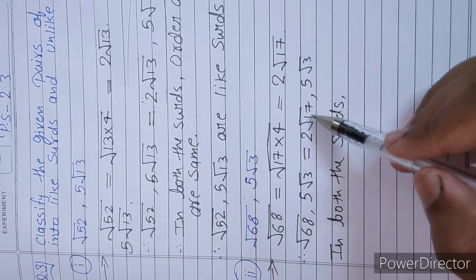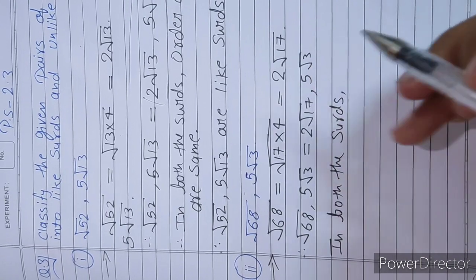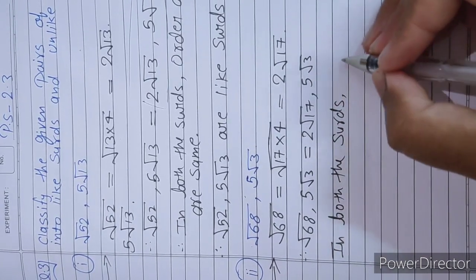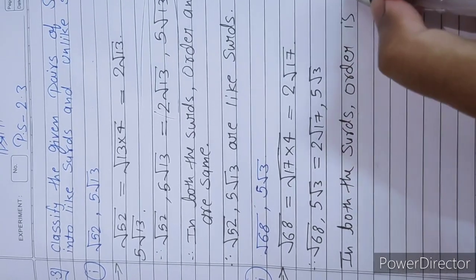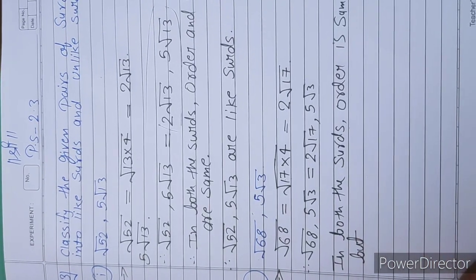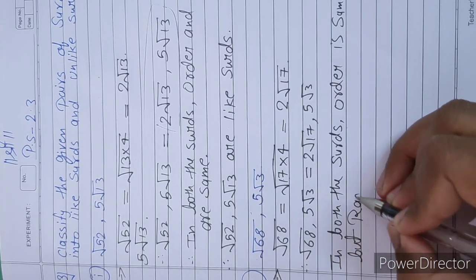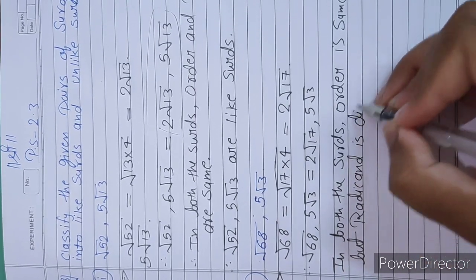In first we are getting radicand as 17, in second radicand is 3. So here we will write in both the surds order is same, but radicand is different.